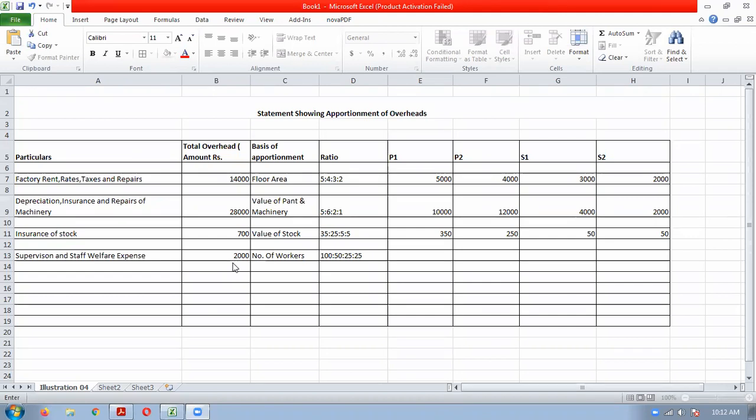Is anybody calculating? 2000 you have to divide in this ratio. 2000 divided by 8 into 4, 2,000... 4,000.